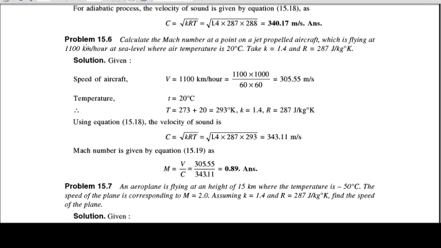As we know, the formula for the Mach number is V upon C. V means the velocity of the aircraft, which they have given as 1100 kilometer per hour.